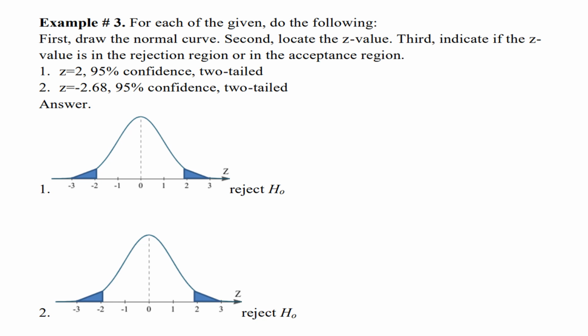So for example number 3, for each of the given, do the following. First, draw the normal curve. Second, locate the Z-value. And third, indicate the Z-value in the rejection region or in the acceptance region. Now, for number 1, your Z is equal to 2.